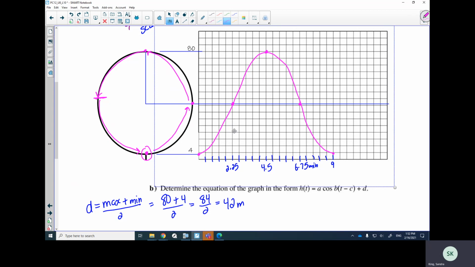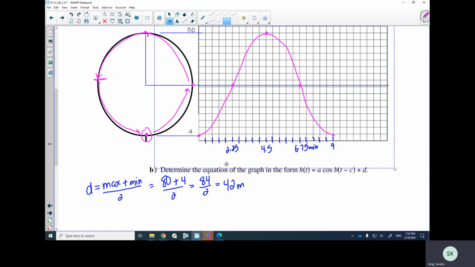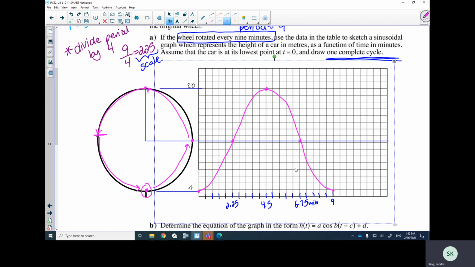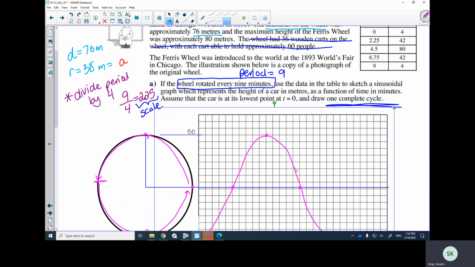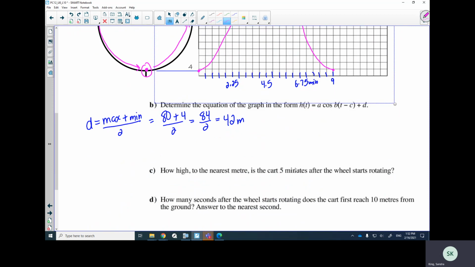Okay, so now that we have all of this, let's see if we could write our equation. So I know that D is 42, right? I know that that guy is 42. I know my A value. My A value, we figured out, was the radius. It is 38 meters. So my amplitude is 38 meters.